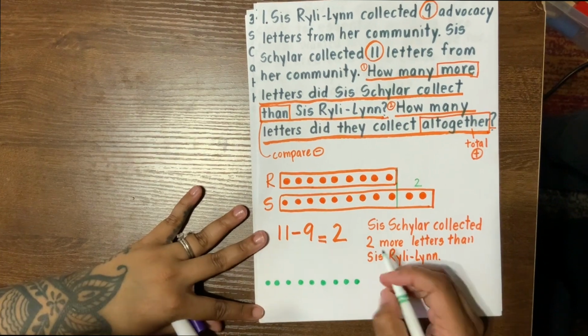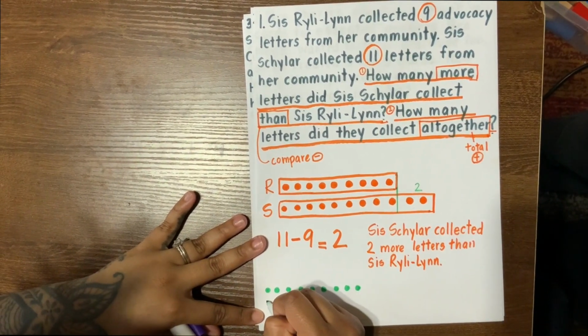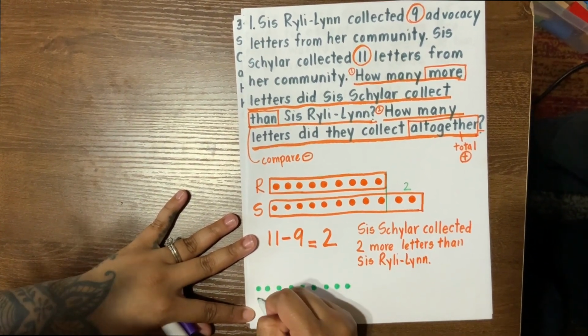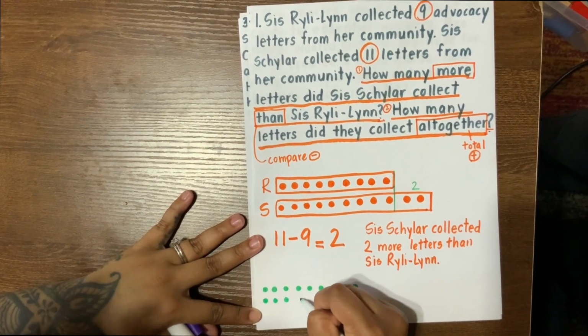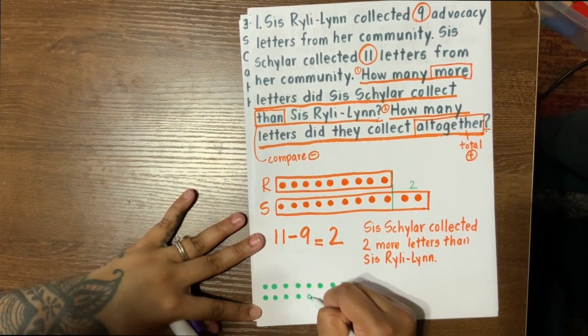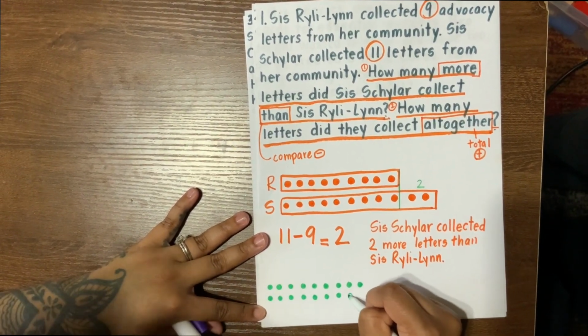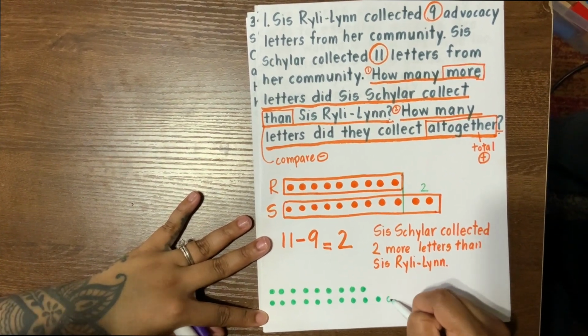So I'm going to draw Sister Skylar's as well. I'm going to go underneath to separate my parts so that my model looks like there are 2 parts. 1, 2, 3, 4, 5, 6, 7, 8, 9, 10, 11.